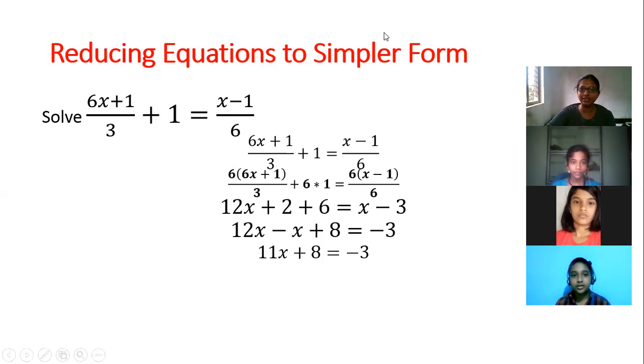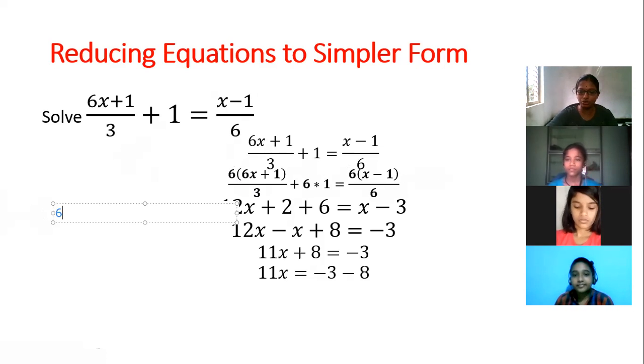And then here 6 into 1 is 6 itself, and here we also cancel both these 6's. Then the equation changes to 2 into 6x plus 1 plus 6 is equal to x minus 1. It is 2 because we have cancelled this 6 and 3.